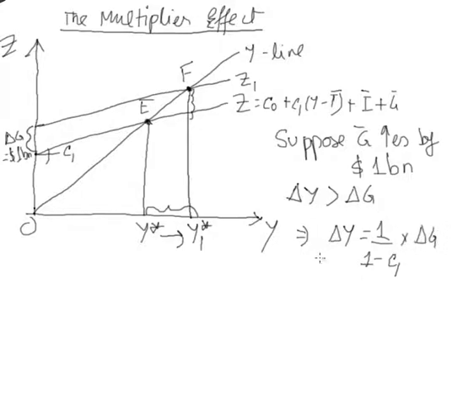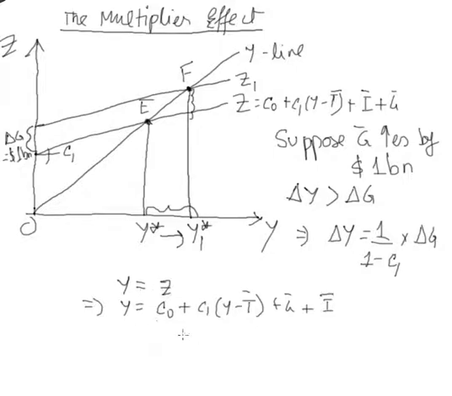You can derive this expression from the algebraic equilibrium condition Y equals Z. This is the equilibrium, which means Y equals C0 plus C1 times (Y minus T bar) plus G bar plus I bar.